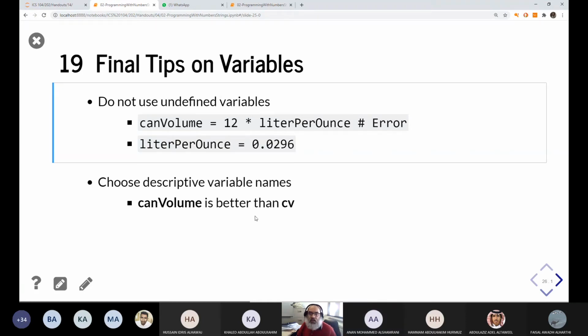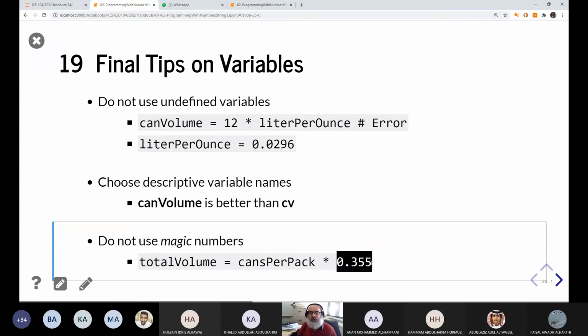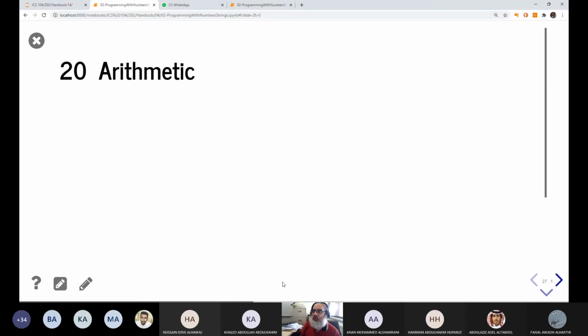Choose descriptive variable names, so can volume instead of CV. Do not use magic numbers like 0.355. Whenever you see a number like this in the code, it is a candidate for being called a magic number.